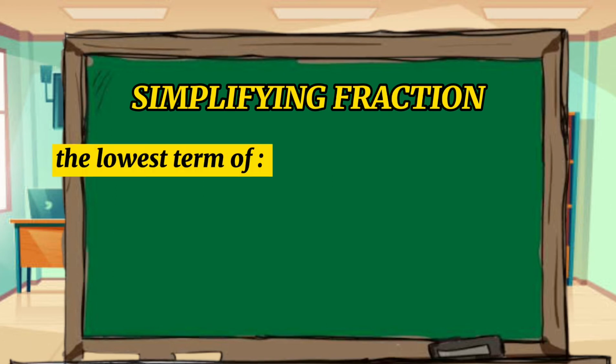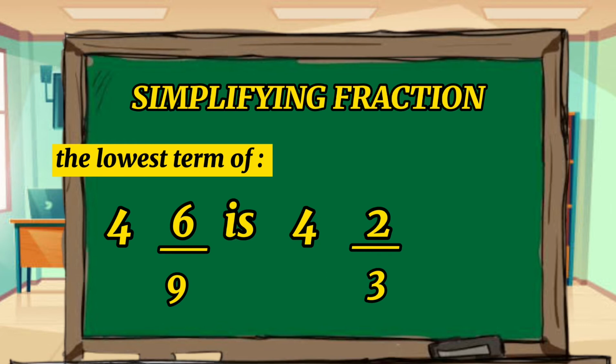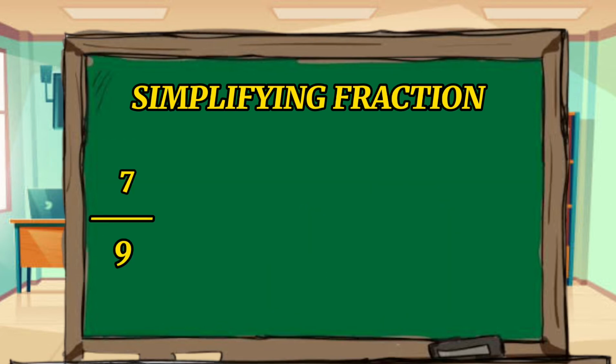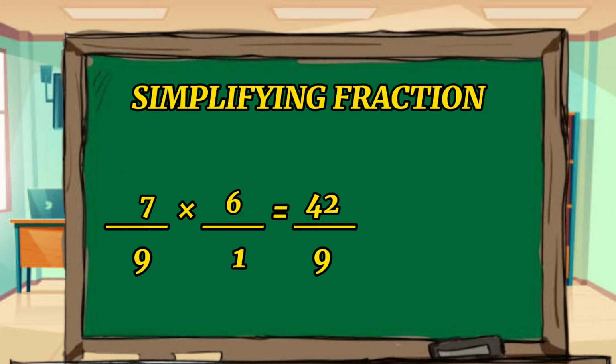Therefore, the lowest term of 4 and 6 over 9 is 4 and 2/3. Now, 7 over 9 times 6 over 1 equals 42 over 9 or 4 and 2/3.